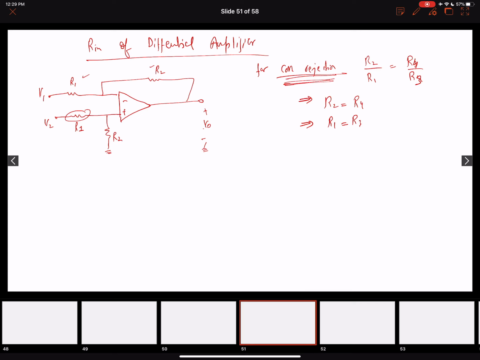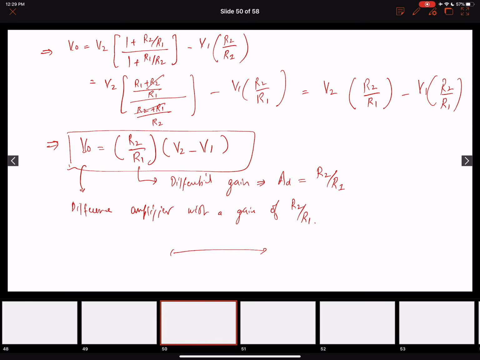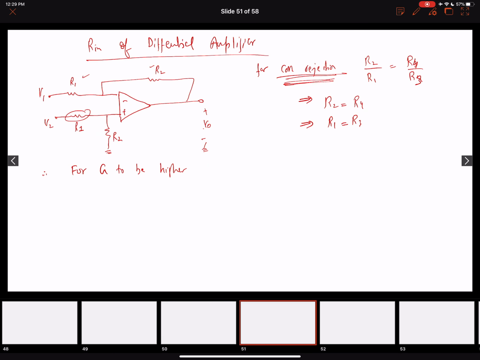So there's one more important consideration here, and the consideration is for gain to be higher. We saw that here, R2 over R1, V2 minus V1, right? Our V0 was R2 over R1 into V2 minus V1.